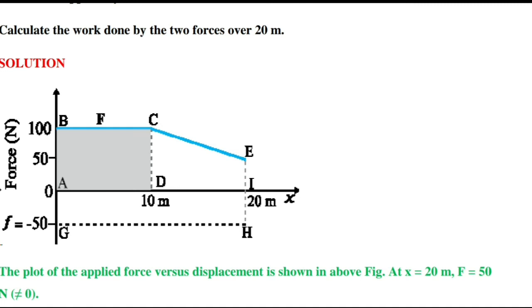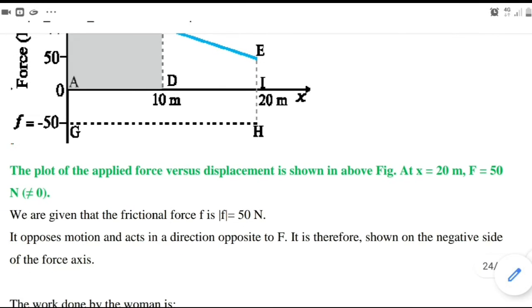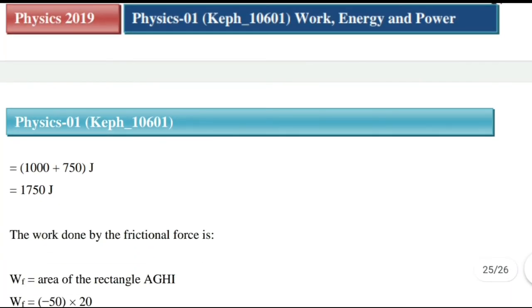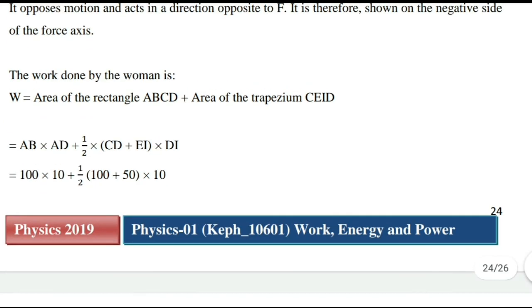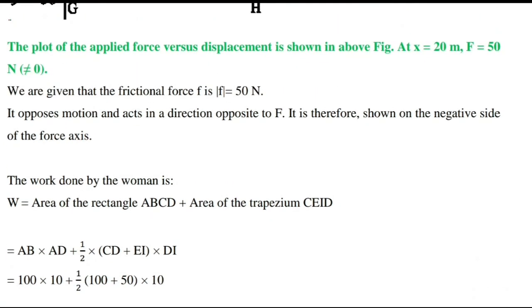You can find that area in two different parts. First you have a rectangle, then you have a trapezium, and adding them you will have the total work done. The area of the rectangle is AB into AD, and the area of the trapezium is half into (CD plus EI) into DI.